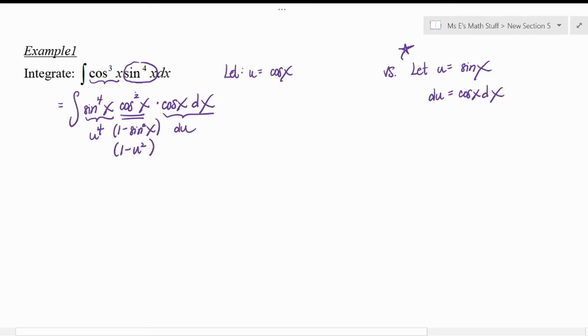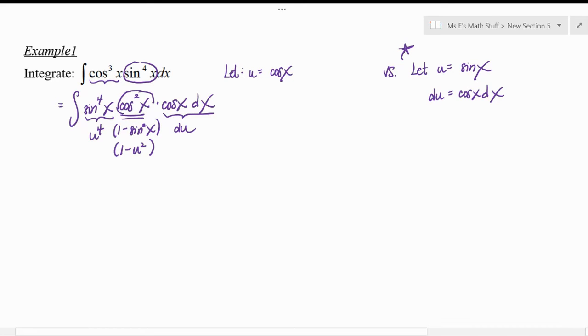What made it work was that when I reserved that cosine x dx off to the side, I was left with the unwanted trig function to an even power, which means I can Pythagorean swap it into the other, wanted trig function.